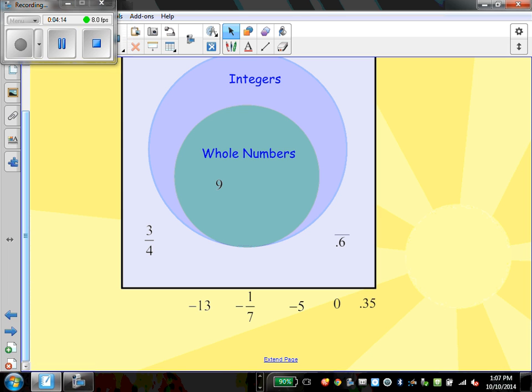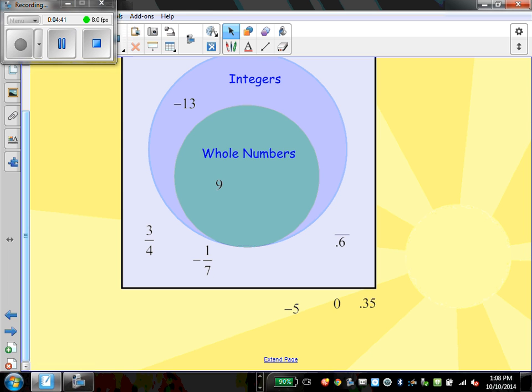-13, we know it's not a decimal, so it's not going to go in the rational, but because it's negative, it's going to go in with the integers. -1/7 is again a ratio of two integers, so that's a rational number. -5 is, well, it is a rational number, but it's more specific than that because it doesn't have a decimal.